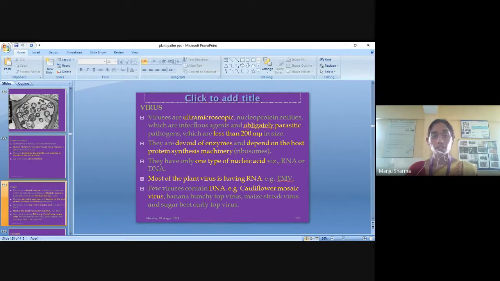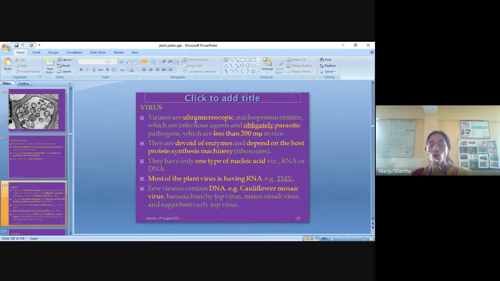After that, viruses. Viruses are ultramicroscopic nucleoprotein entities which are infectious agents and obligate parasitic pathogens, less than 200 nanometers in size. They are devoid of enzymes and depend on the host protein synthesis machinery for their replication or multiplication.